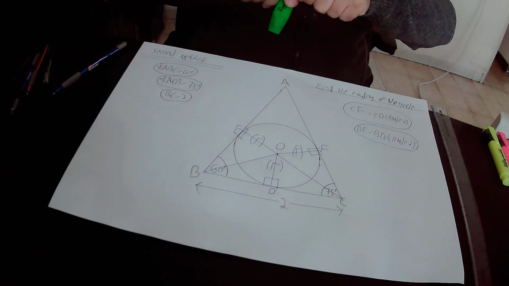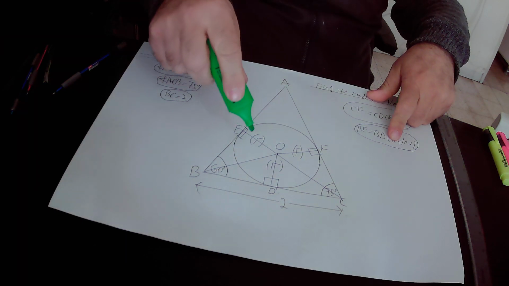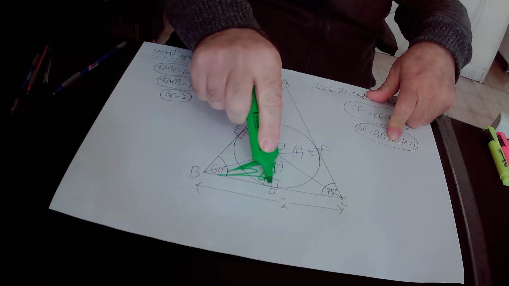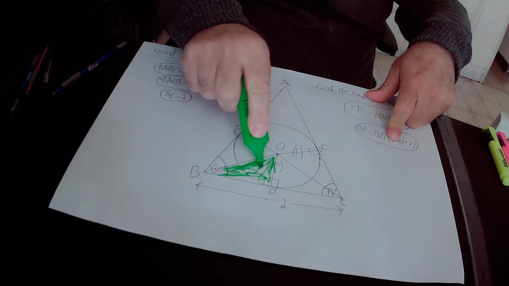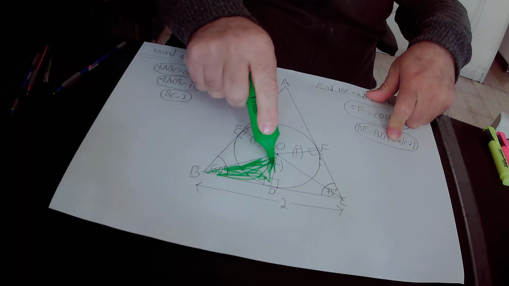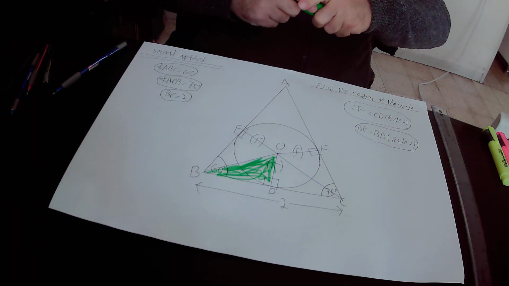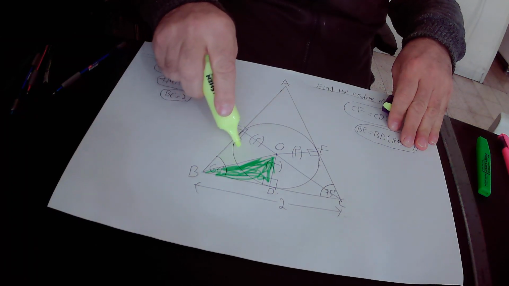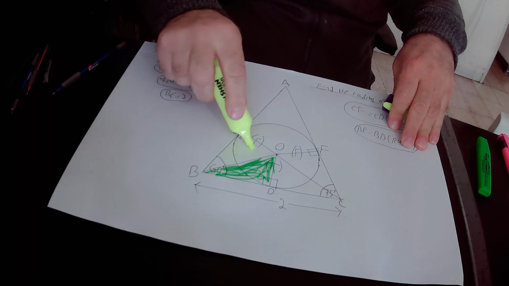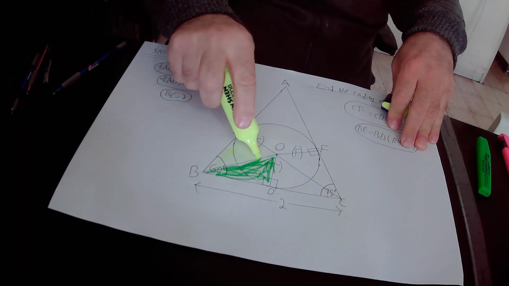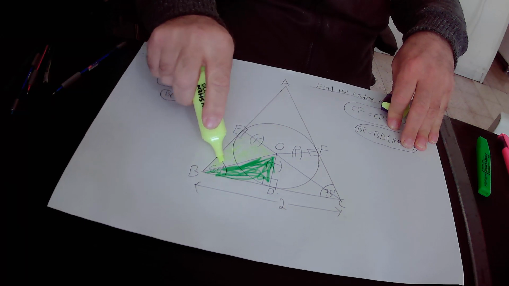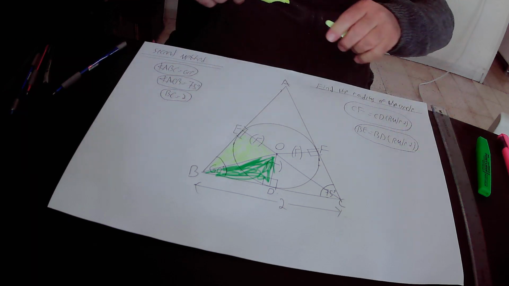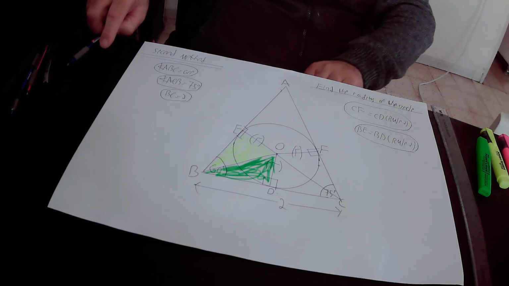That is to say, we will prove that the right green triangle, triangle BOD, is congruent to the right yellow triangle, triangle EBO. So write it down.